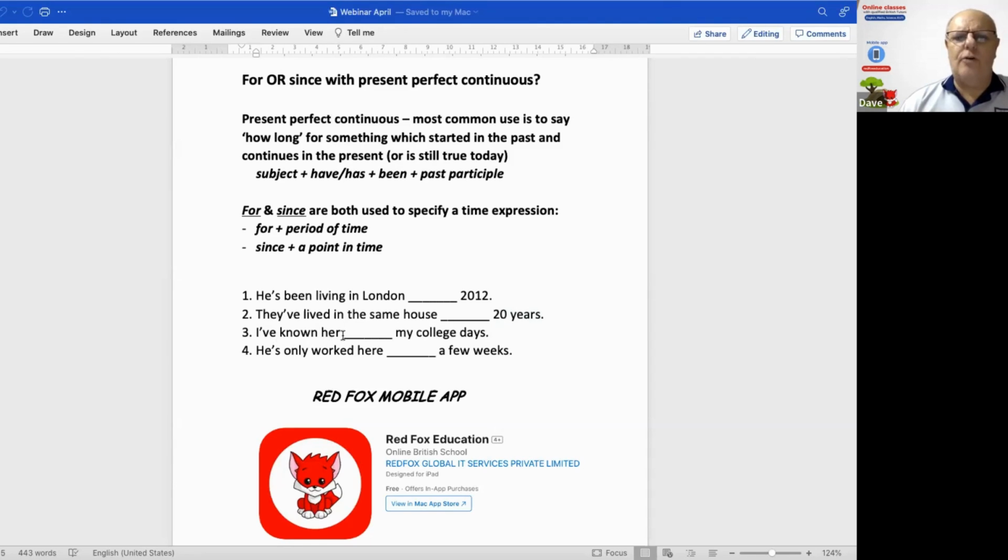Now, "I've known her for my college days", or "I've known her since my college days". What do we think about that one? Okay, I've got someone telling me "since", which is the right answer. Yeah, correct, you're both correct. So "I've known her since my college days". This is the point in time. The speaker here is saying from that point when I was at college.